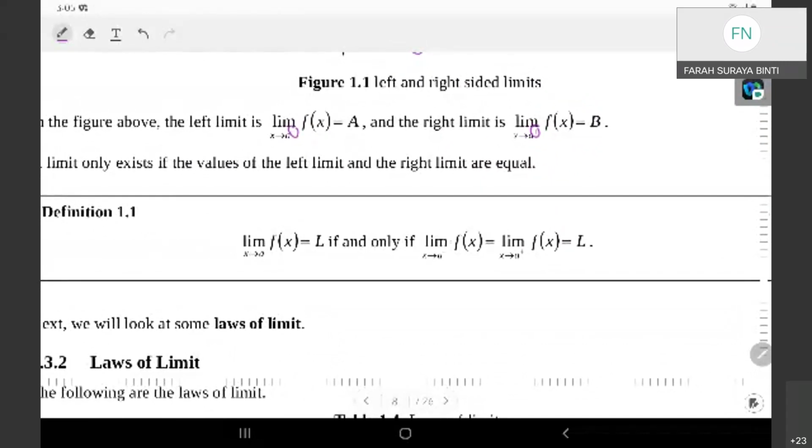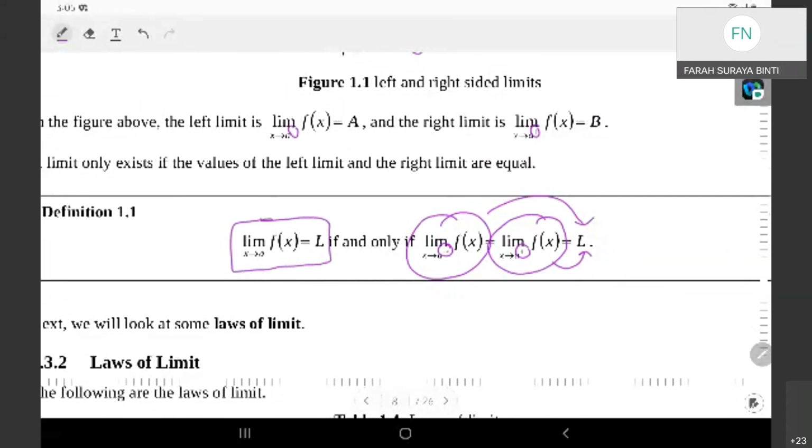If the left limit is equal to L and also the right limit equal L as well, so we can say that the limit is equal to L.